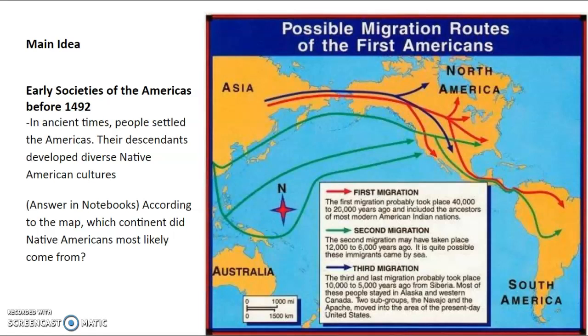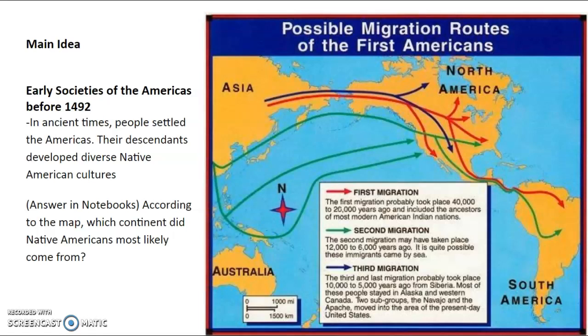There were many different types of groups, of tribes, of organizations, empires, cities, all different people who lived across the two continents. And all of these people had different cultures. Some things were similar, but some things were pretty different.